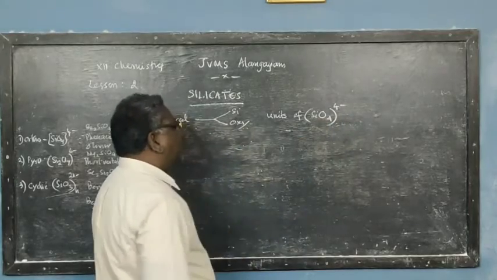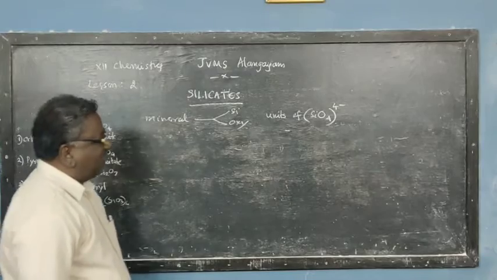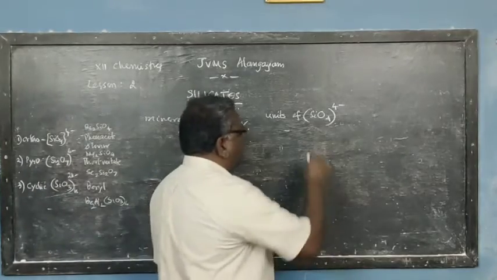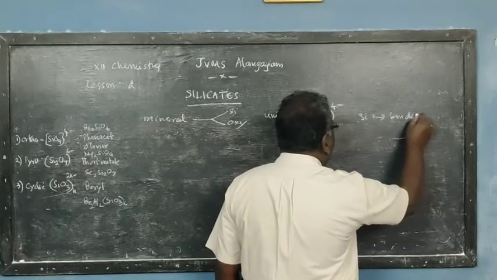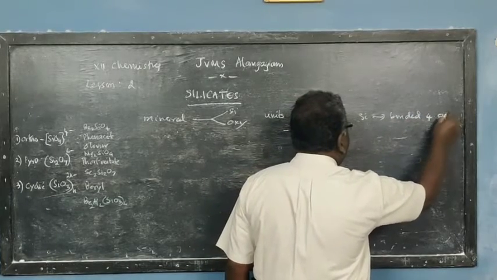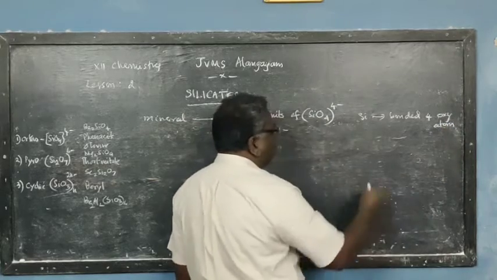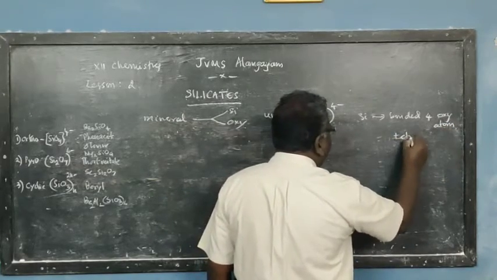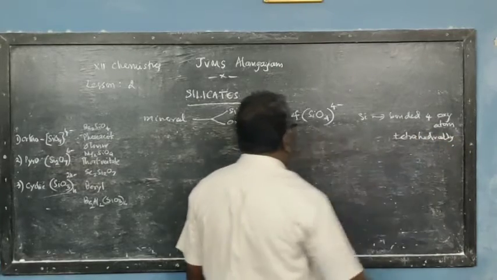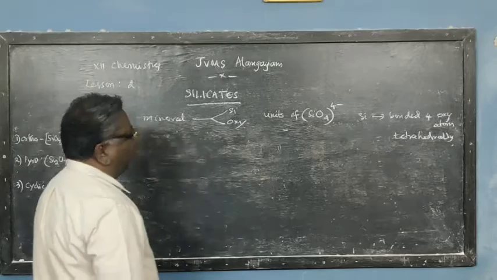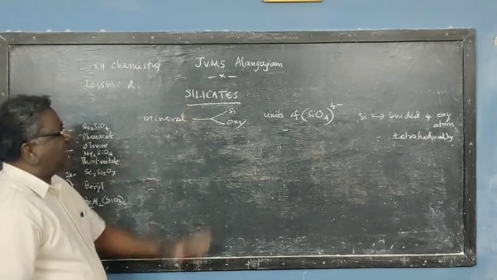It's called silicate units, right? Containing silicon and oxygen. In this, every silicon is bonded with 4 oxygen atoms, and they are present tetrahedrally, right? And this is the simple topic of the silicates.